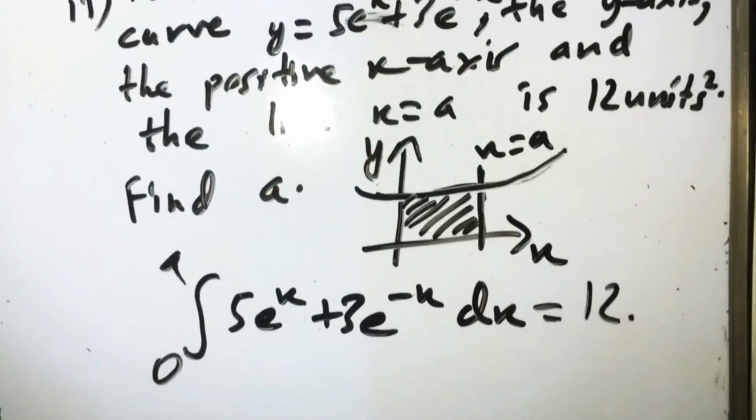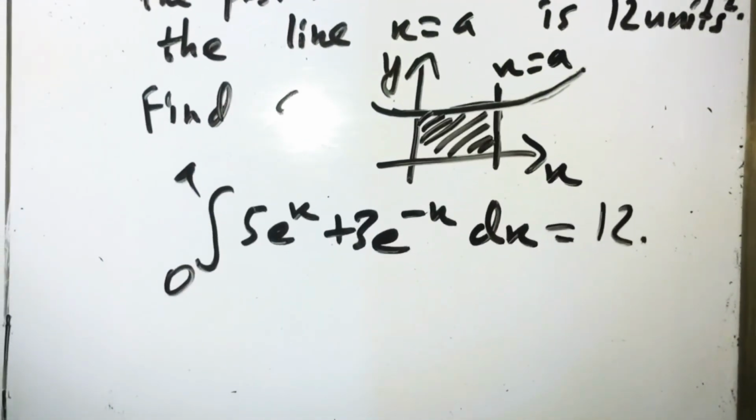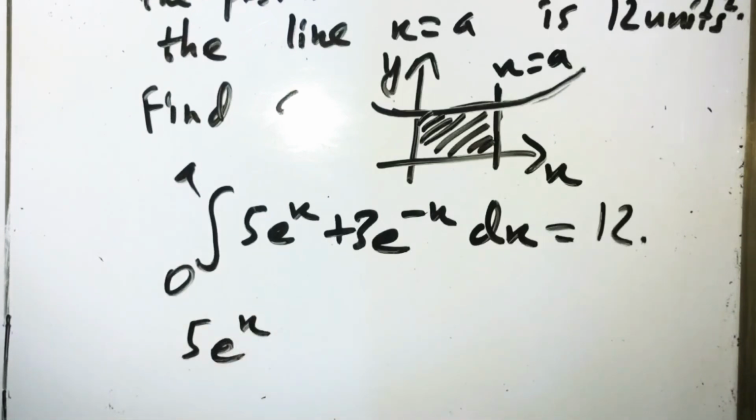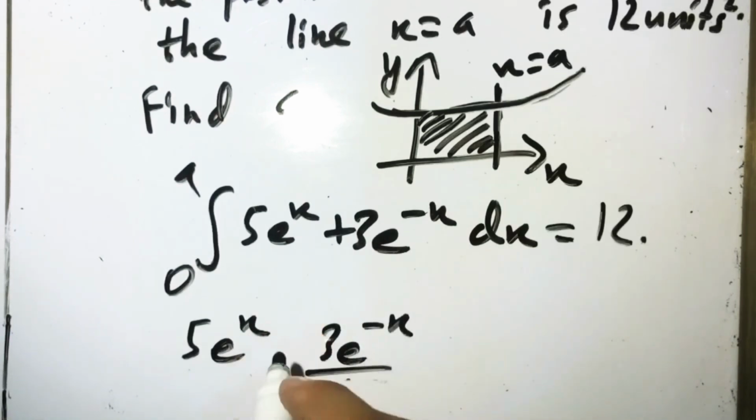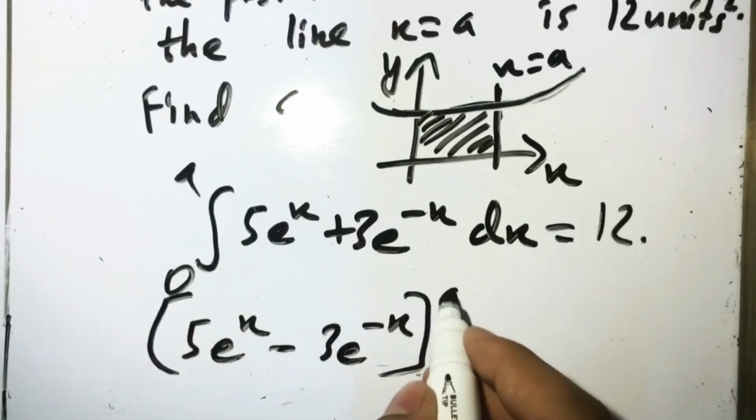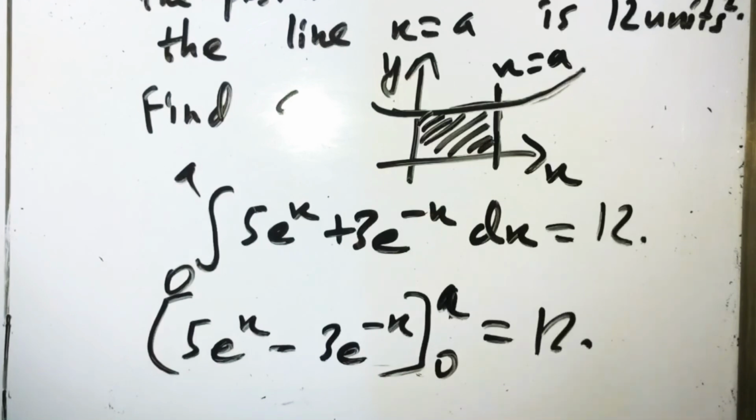Now we have to find the value of a. Integrating this, 5e to the power x remains the same as it is divided by 1, plus 3e to the power minus x upon minus 1. Minus 1 shifted over there becomes minus, from a till 0 equals to 12.